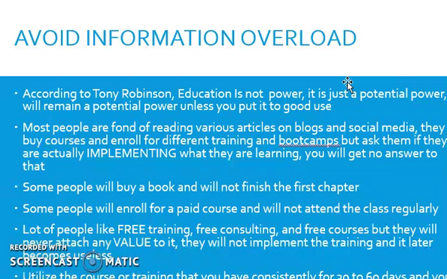According to Tony Robbins, education is not power, it is just potential power. It will remain a potential power unless you put it to good use. So what is the essence of being in possession of a large chunk of information without doing anything with it, without implementing, without practicing, without getting results from the information?